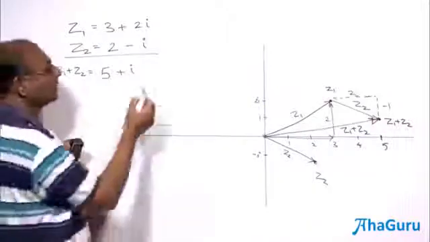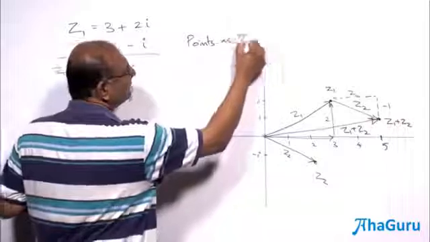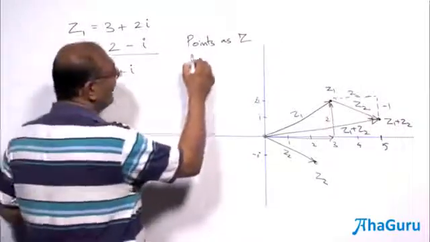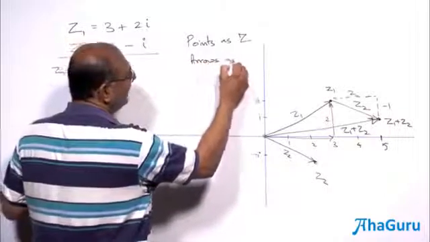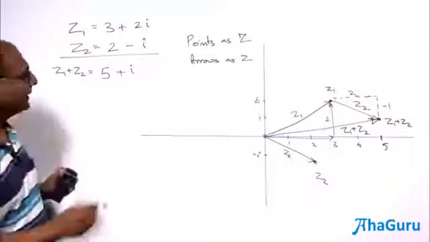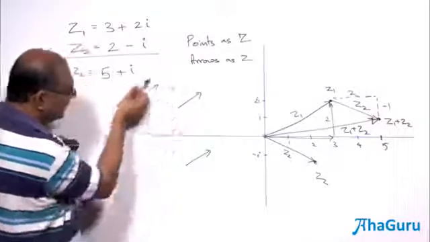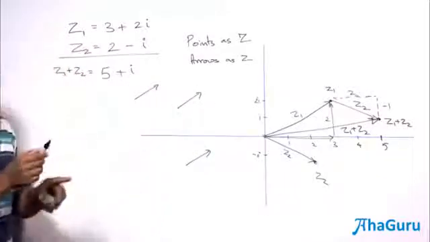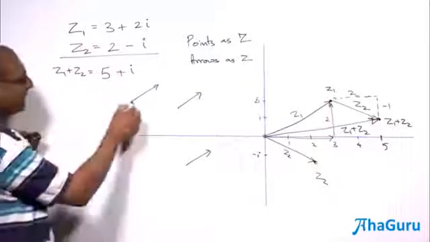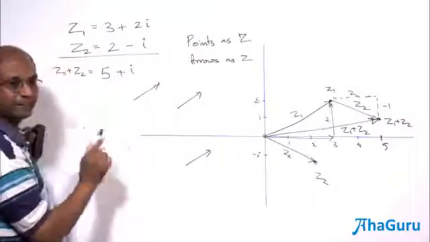So we are now talking about points as complex numbers. We are also talking about arrows as complex numbers. There's a big difference. An arrow here is equal to an arrow here is equal to an arrow here. As long as the arrow looks the same size and the same direction, it is the same arrow. But this arrow starts here and ends there. The ending point for this, ending point for this, ending point not the same.